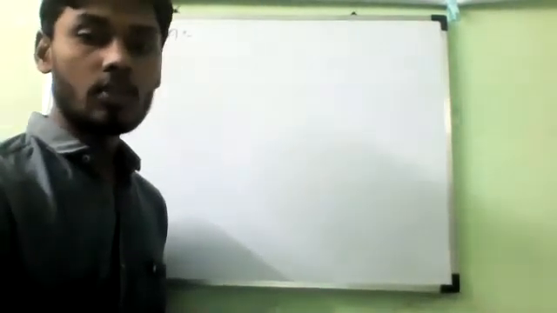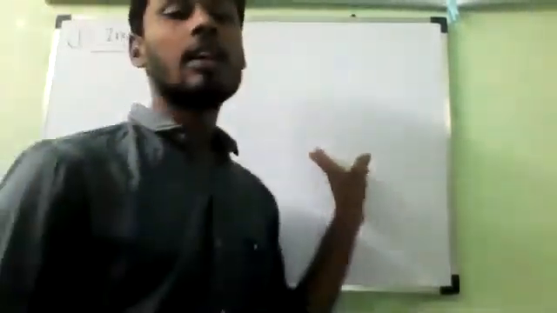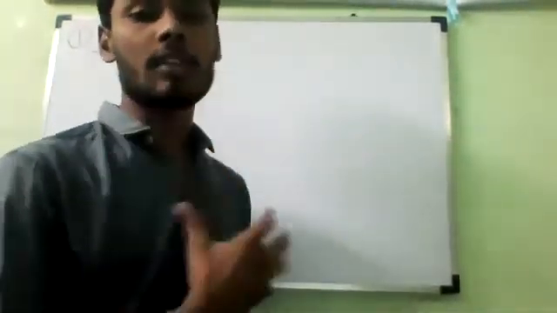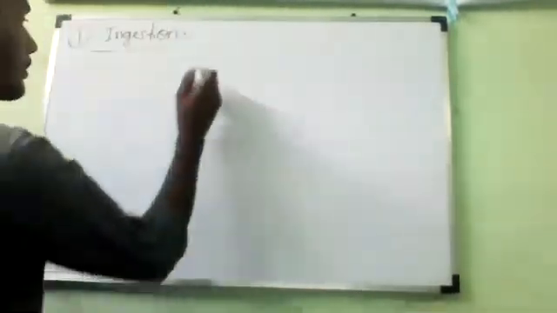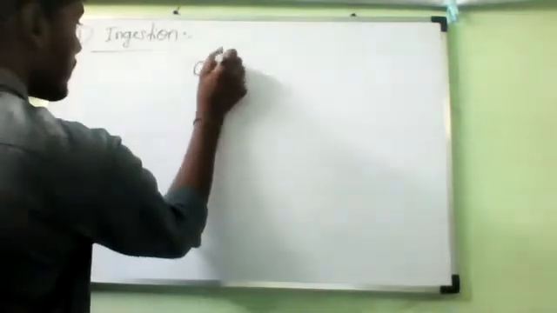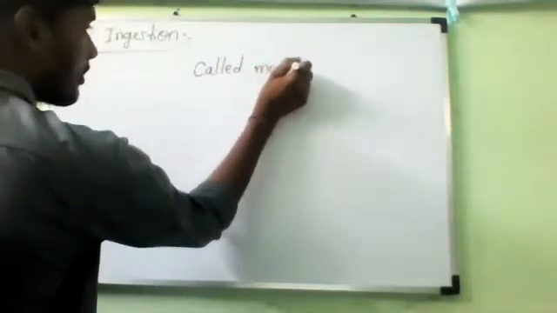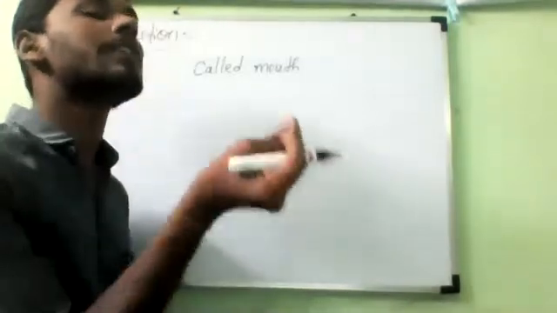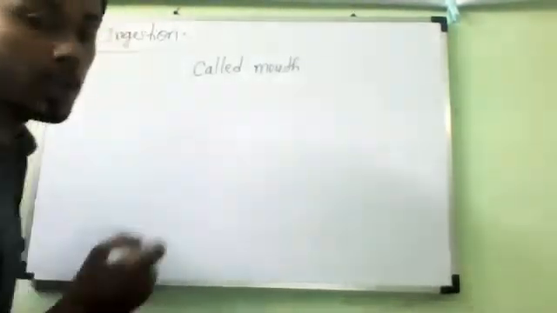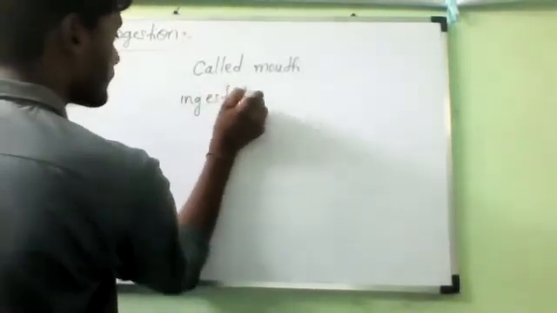So if it comes to human beings, in the ingestion process we have a special organ for the ingestion of food. That is what we call the mouth. So in human beings, food is ingested through what?